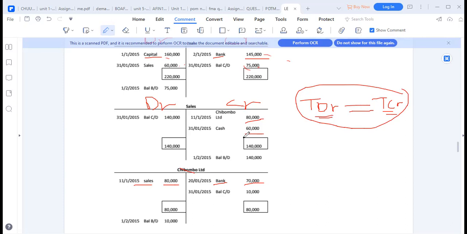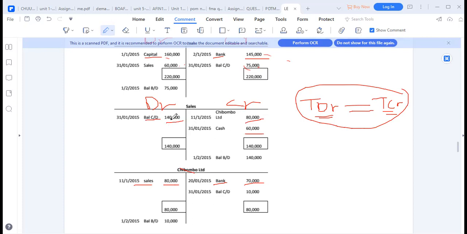So that's why we are reconciling now that we balance 80,000 plus 60,000 is 140,000, which should be here also. So here we have to know that there is a balance carried down, which is 140,000. We're trying to just force matters to balance up here.